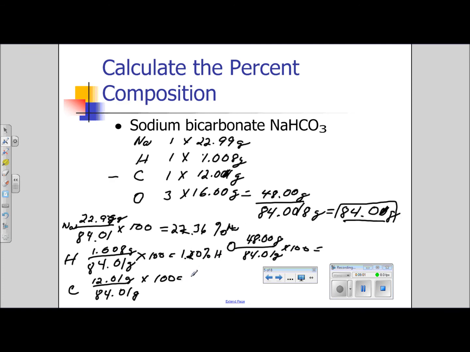This is hydrogen. The carbon percentage is 14.30%. That's 14.30% of carbon. And finally, 48 divided by 84.01 is equal to 57.14%. A little messy today. All those percentages should add up to 100.